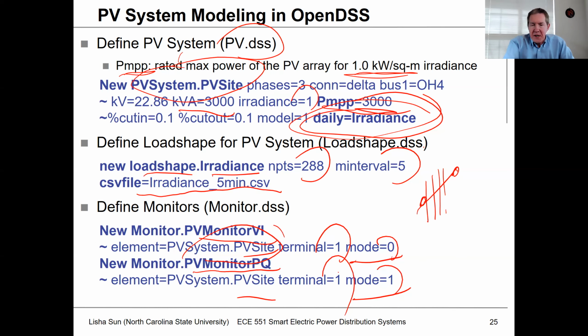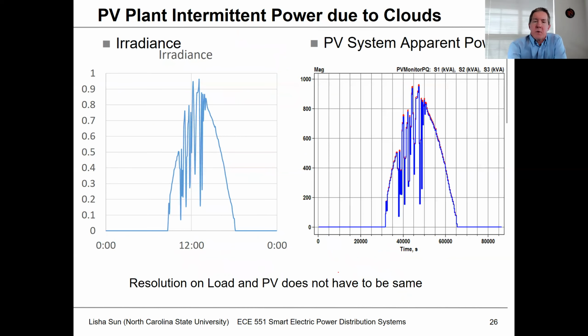All right, so when we've done this, what we're going to have is an irradiance curve. This is purposely an irradiance curve for a cloudy day because we want to look at the impact of cloud cover. You can see there are a lot of deviations in this output.